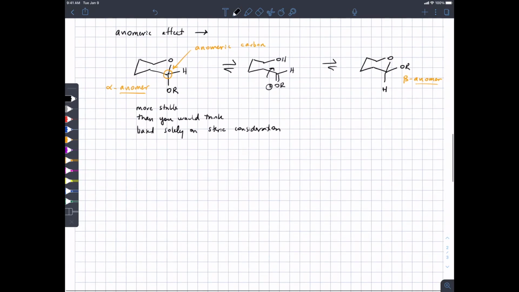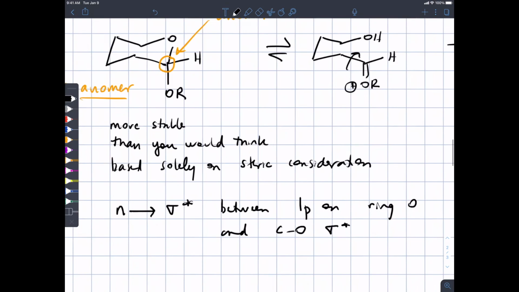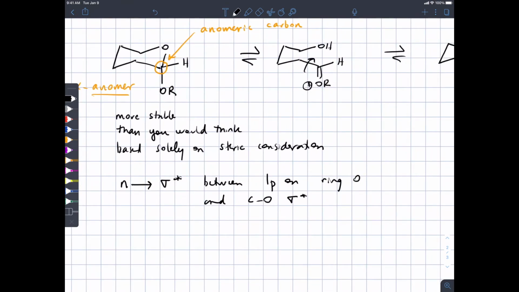The major consideration really is an n to sigma star interaction between lone pair electrons on the ring oxygen and the carbon-oxygen sigma star on the adjacent carbon. So what we'll do to visualize this, I'm not sure what the best way is.